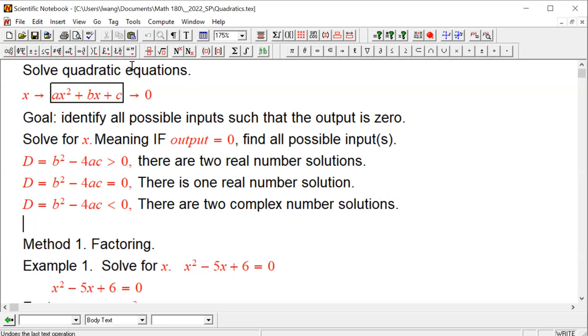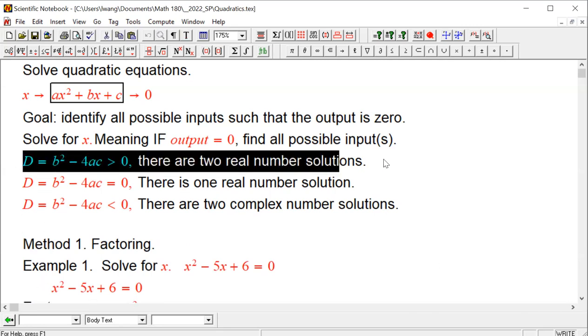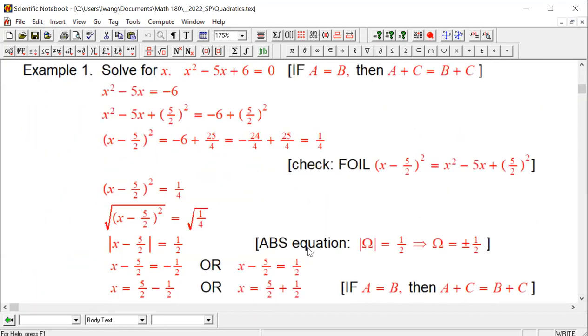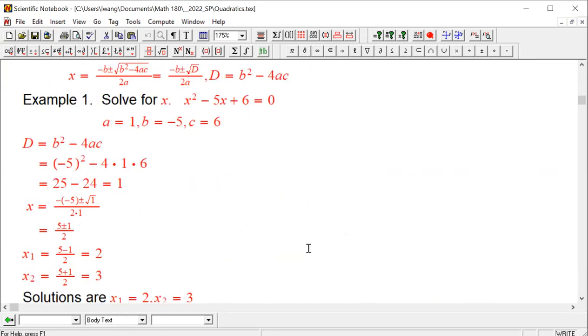And the first example we did here actually covers the first case. All right, so let's look at other cases. We're still going to do the three methods. So we're going to do example number 2 with the three methods.